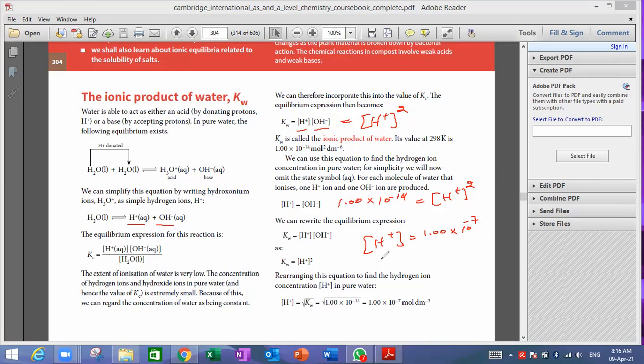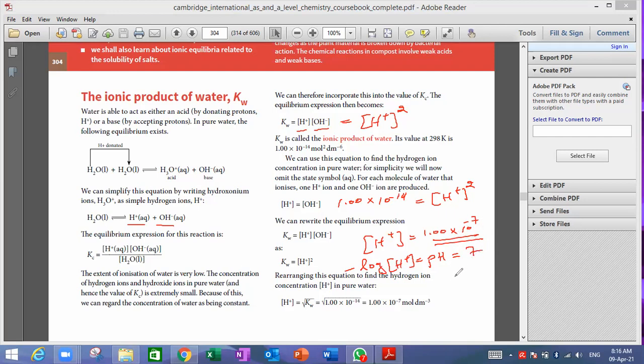And so we are going to introduce a value. Since this is a very small value, we are going to take minus log of this hydrogen ion concentration, which we call pH. We will find that minus log 10 to the power minus 7 equals 7.